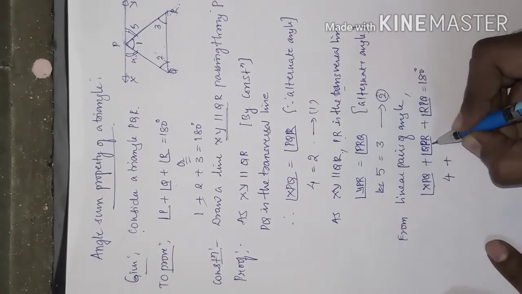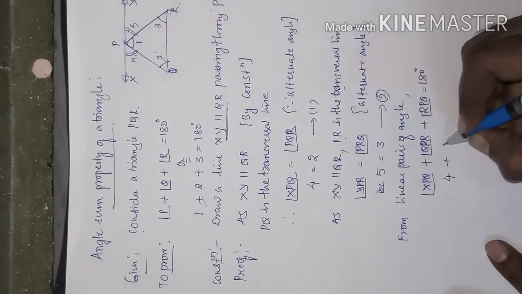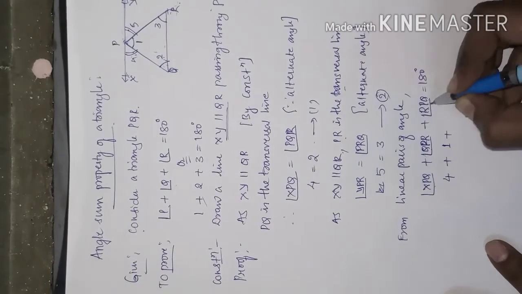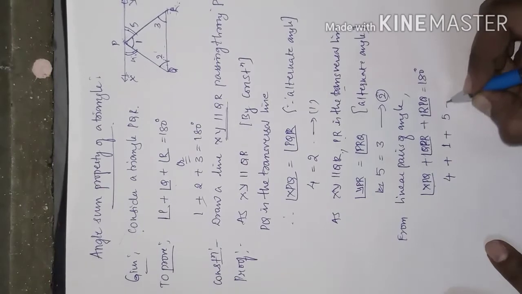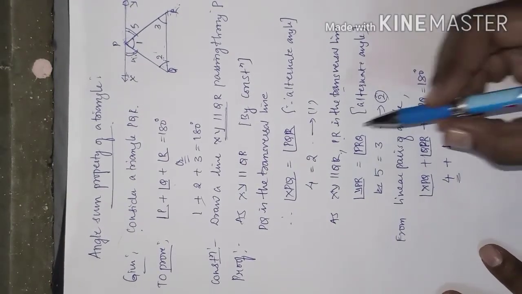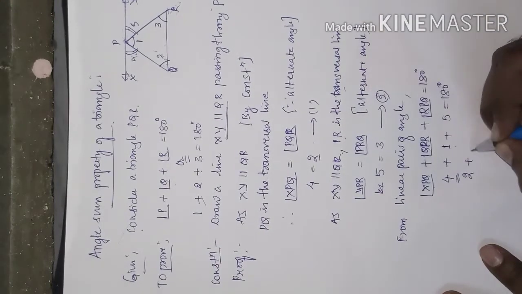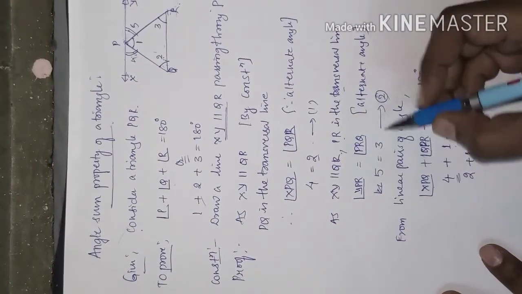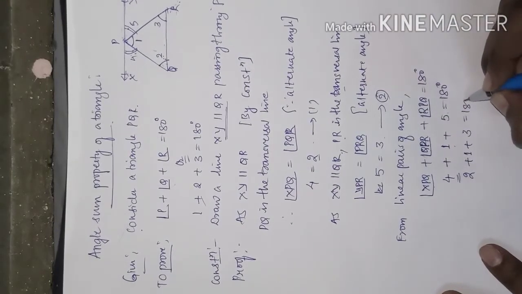Angle 4, and QPR is representing angle 1, and RPY is representing angle 5, which is equal to 180 degrees. Now angle 4 is equal to what? Angle 2. Angle 1 as it is. Angle 5 is equal to what? Angle 3, which is equal to 180 degrees.